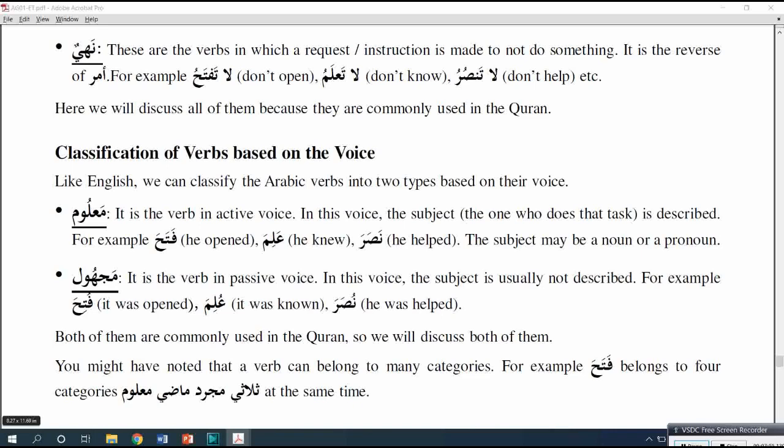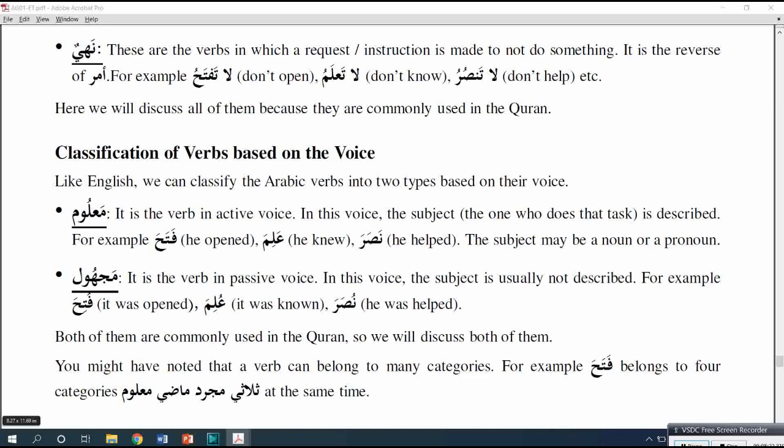The other style of voice is majhul. Majhul means passive voice. Passive voice is when it is not very clear. For example, futiha means it was opened. Ulima, it was known.